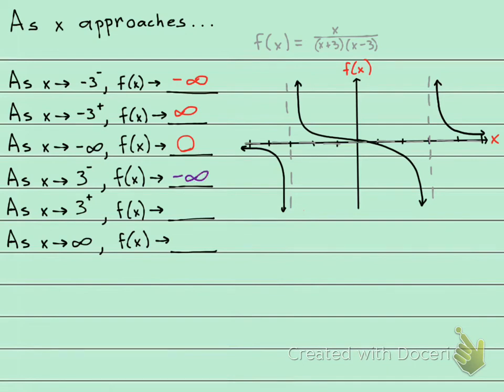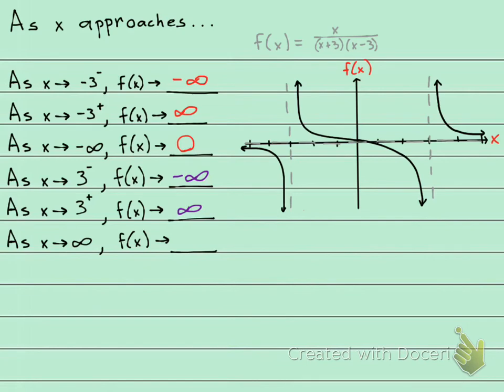As x approaches 3 from the positive direction, well, here's my 3. Coming from the positive direction, if I follow my graph, where am I going? Going up to infinity. And then the last question, as x approaches infinity, the f of x approaches what?